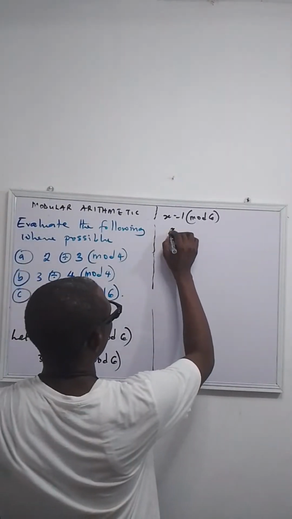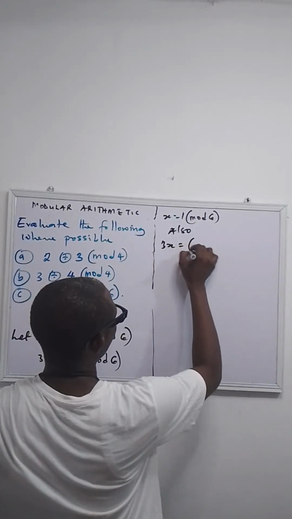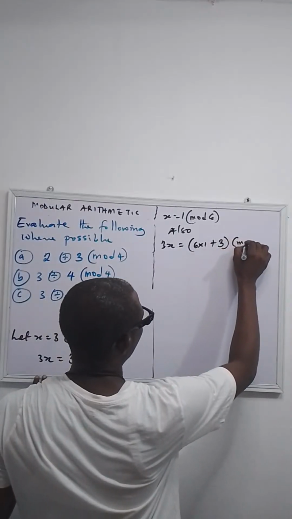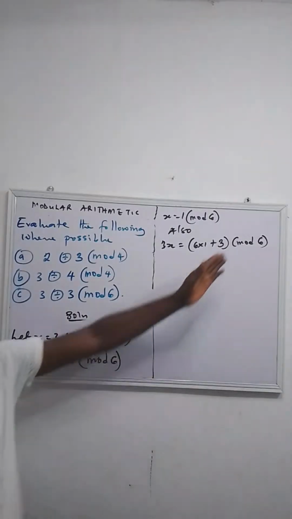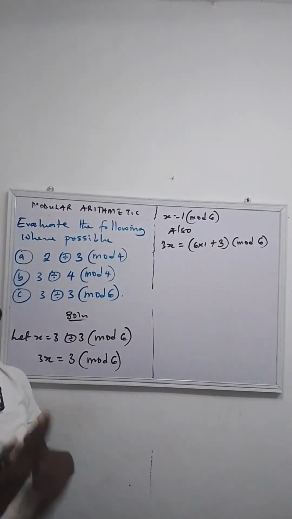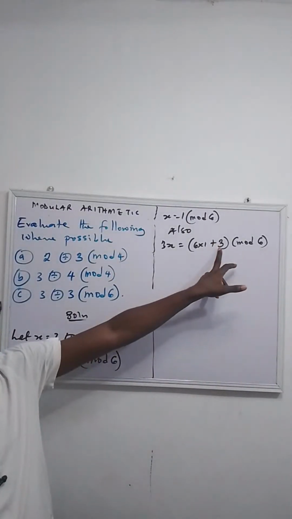So I'm going to say also I have 3x equals 6 times 1 plus 3 in mod 6. All right, since the number of modulus that we add to a number does not change it, we can add as much as we could to the number we have here.